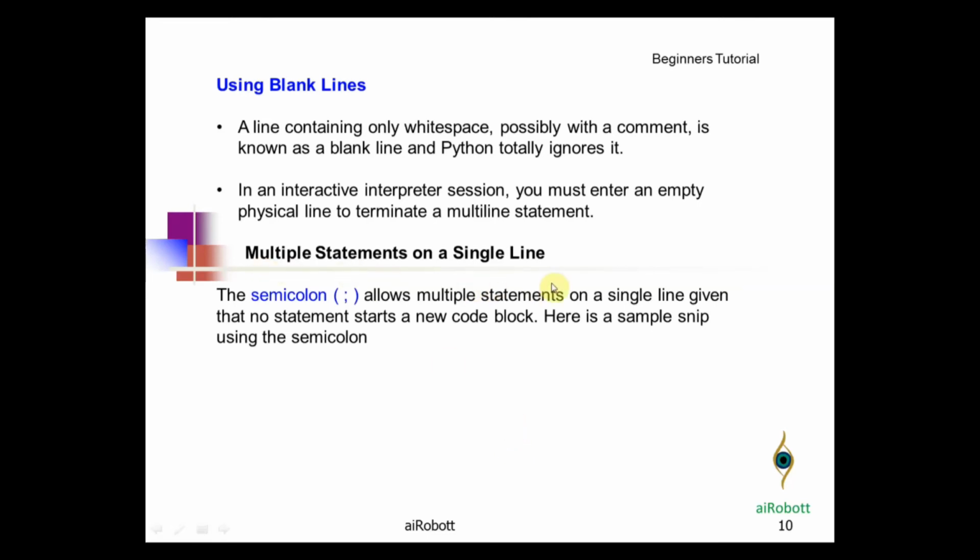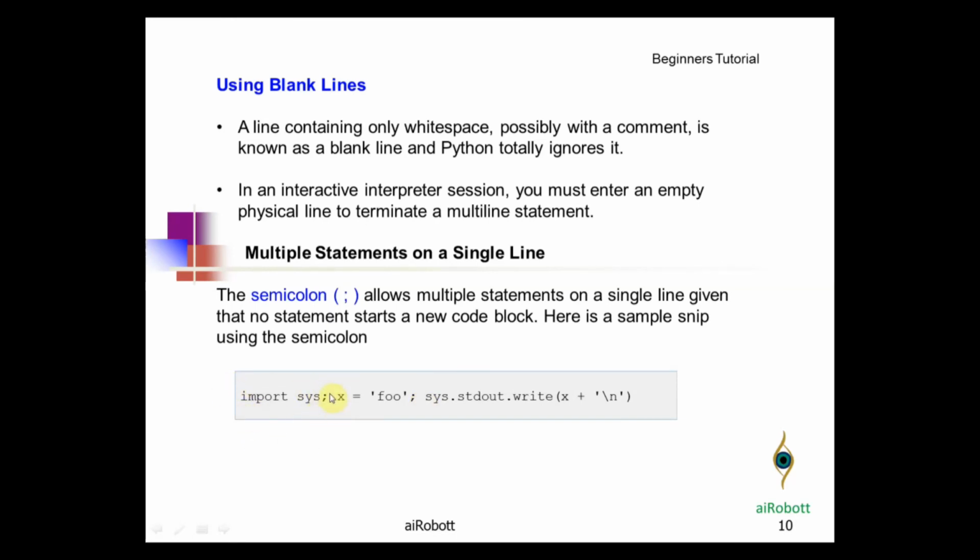Multiple statements on a single line. You can write programming statements in one single line with the help of a semicolon at the end of every statement. Take one example here. Import is one statement.